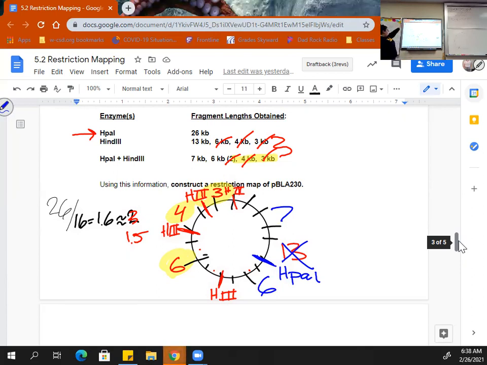So that is how you work this out. Like you saw, it can be a bit of a logic puzzle working through it all. So just take your time. Definitely recommend using pencil when doing this or something that is erasable.